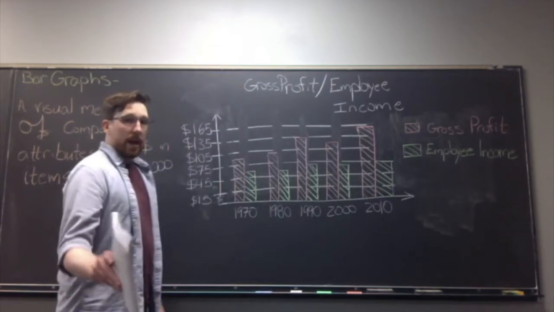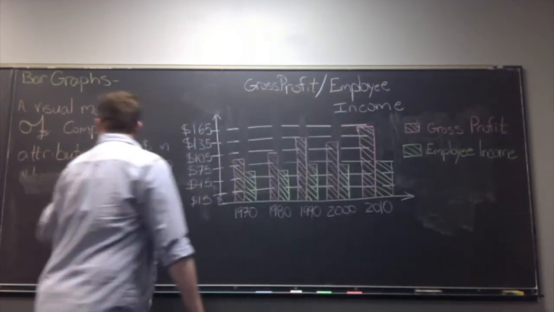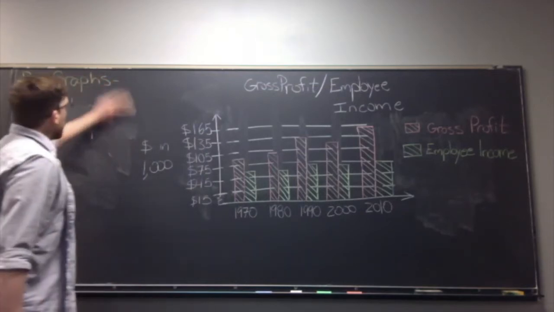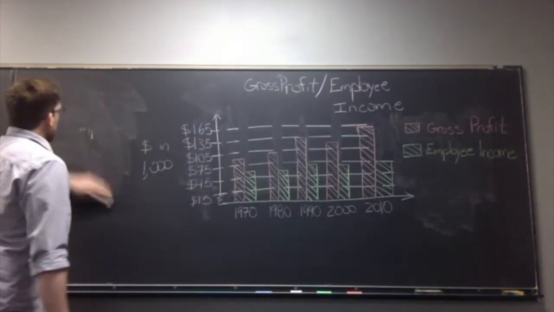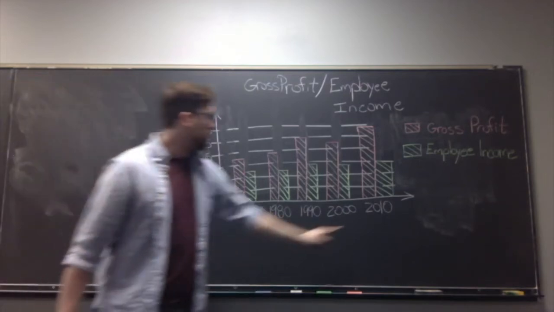So to find that, I'm going to work it out over here and erase this definition. To find that, we would look at the change in each of these values and divide it by the change in time.